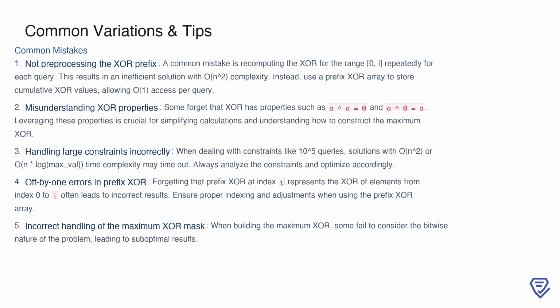It's essential to remember that the prefix XOR at index i represents the XOR of elements from index 0 to i, so careful indexing is required. Lastly, incorrect handling of the maximum XOR mask can happen when the bitwise nature of the problem isn't fully considered, leading to suboptimal results. By addressing these pitfalls, you can build a more robust and efficient solution.